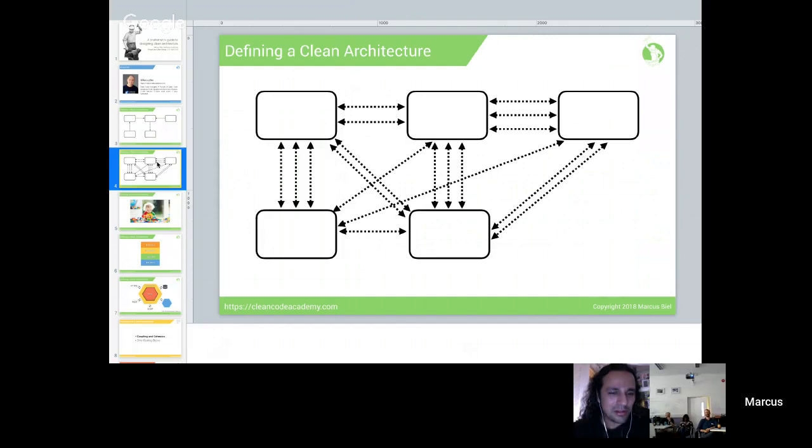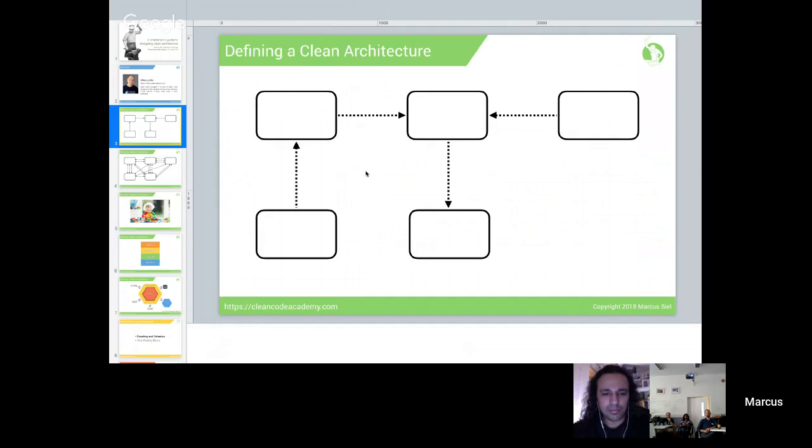Okay, perfect. So where did I stop? I said we're trying to achieve a clean architecture, but usually the architecture looks more like this. There are two reasons for this. First, we start with a project simple and clean, but over time more and more features get added because the business guys love features.